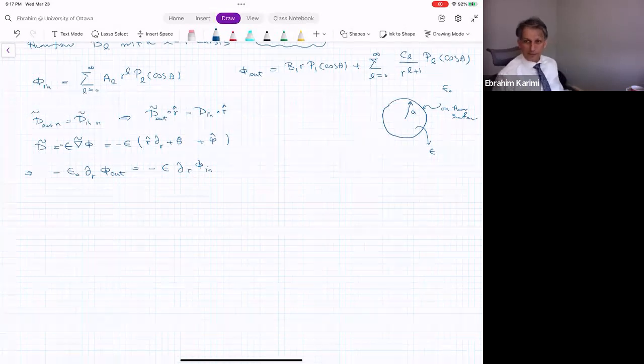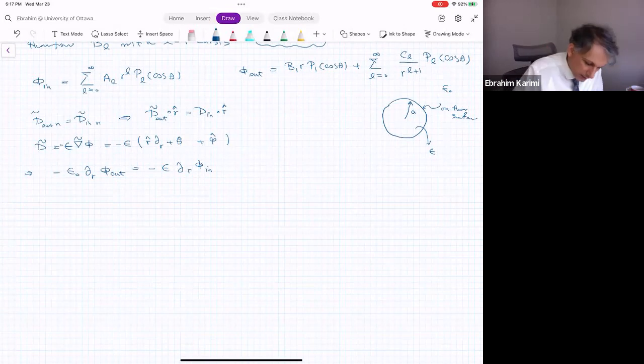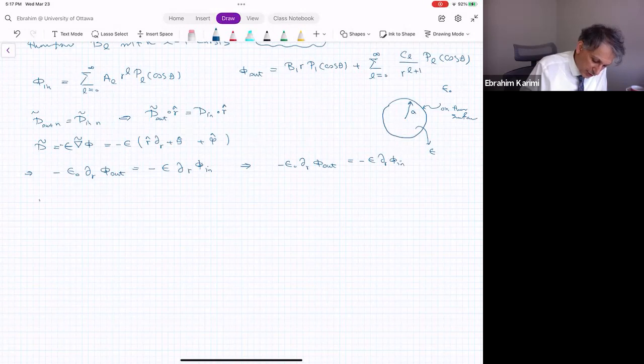Melika, you have a question? Okay. So therefore, we do have minus epsilon 0 derivative with respect to r of phi out is equal to minus epsilon derivative with respect to r of phi in. And from the tangent, E outside tangent is equal to E inside tangent.